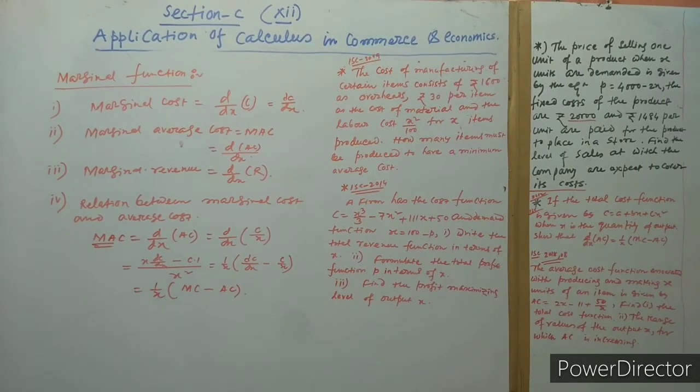So the marginal average cost is equal to 1 by x times the difference between the marginal cost and average cost here.